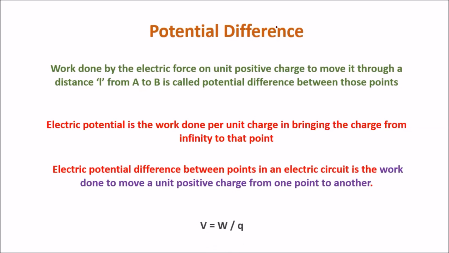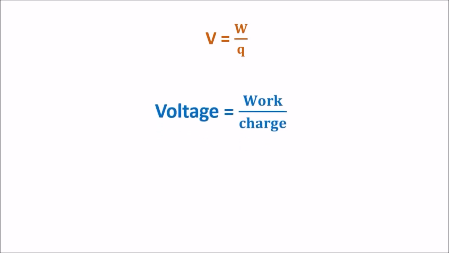Formula: V is equal to W by Q. Here potential difference is nothing but voltage. Voltage is equal to W by Q. V stands for voltage, W stands for work, Q stands for charge. So can you define voltage now? It is quite simple.